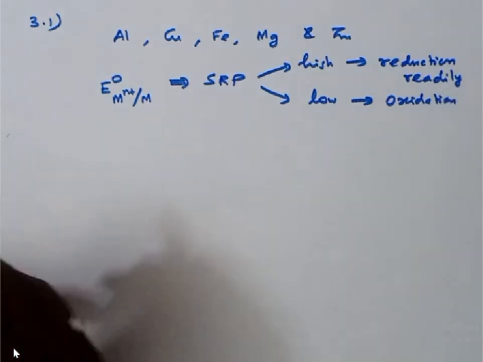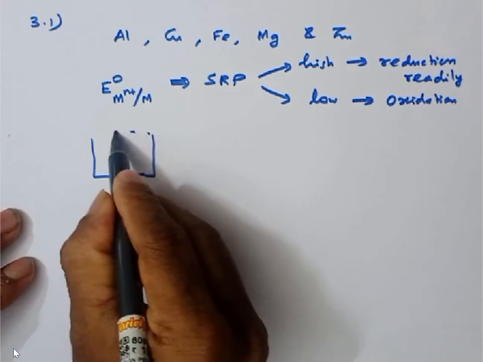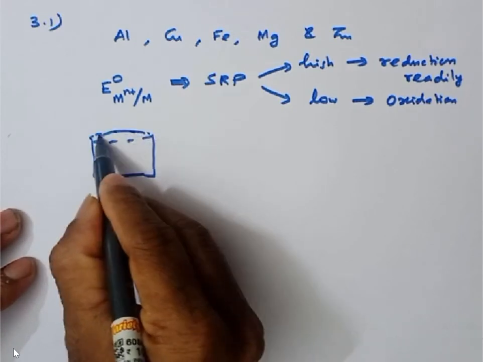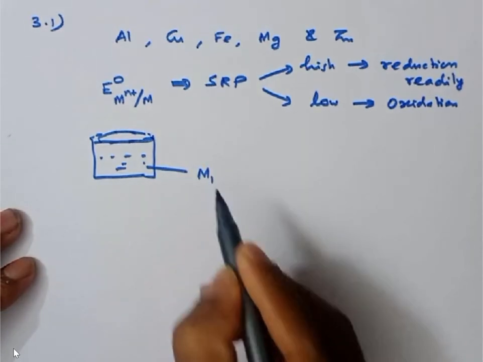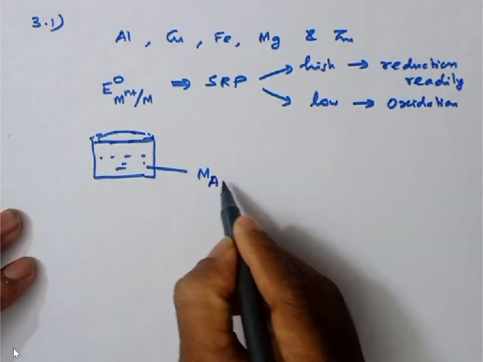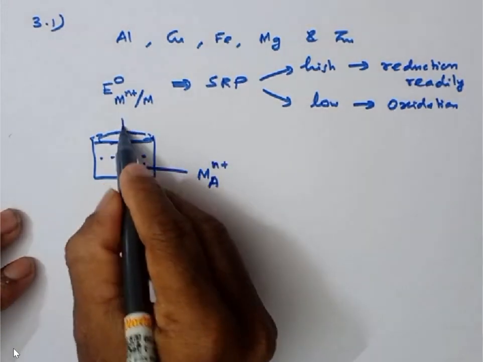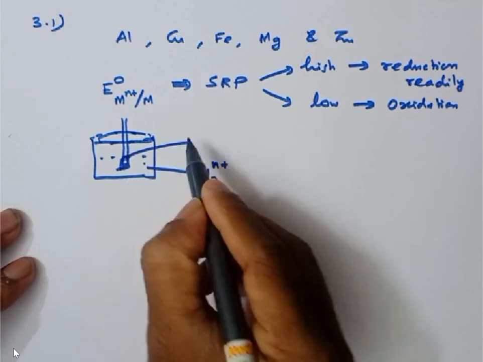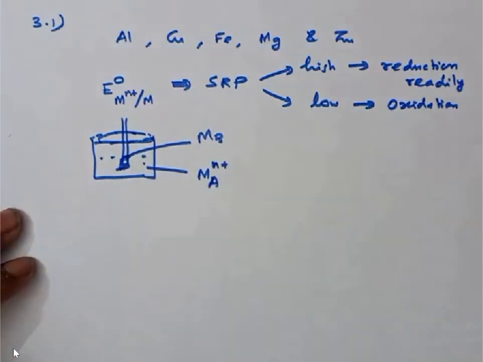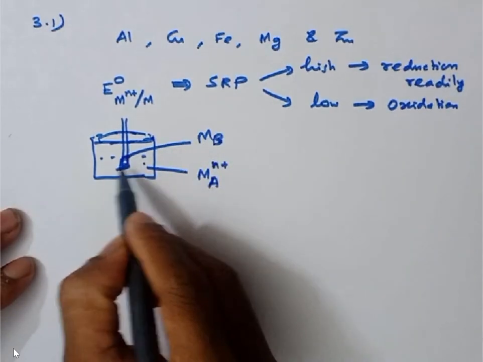Suppose I have a solution containing some metal ion, say Ma^n+, having some charge. Now I am going to immerse a metal rod of a different metal Mb. The question is, can Mb displace Ma^n+?